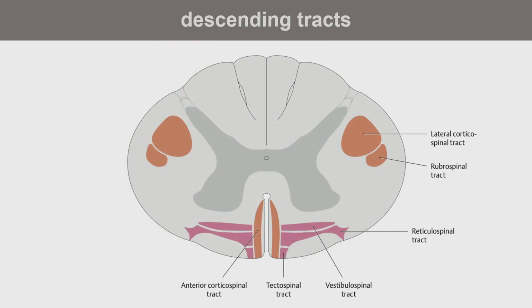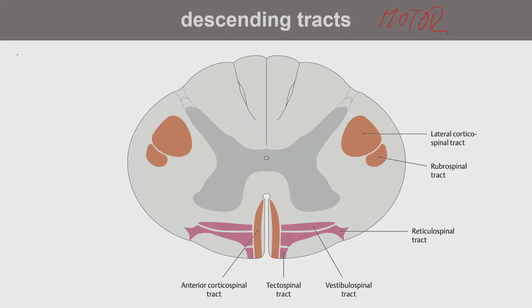There were sensory tracts going upwards, ending in the brain, cerebellum, thalamus, and then the next neuron in the cortex. Descending tracts are motor. We also have two groups.